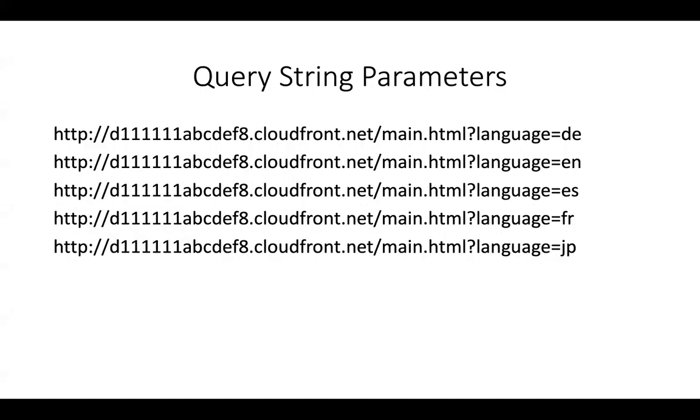In this example, you're passing the same website content and the same folder hierarchy from S3, and you're accessing it only through the CloudFront distribution's endpoint. But you're also passing a query string parameter, language equals DE, EN, ES, French, and Japanese. Based on which, CloudFront is going to cache individual versions of the content for each of your query string parameter values.